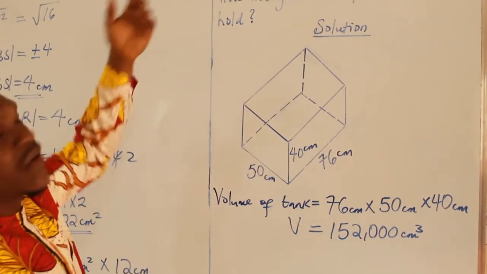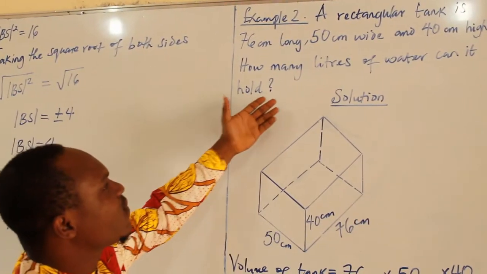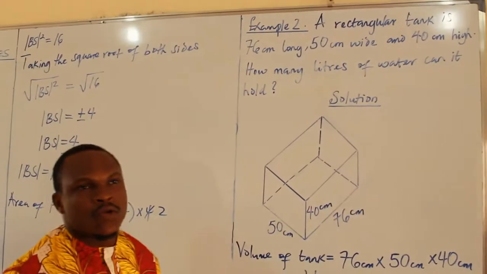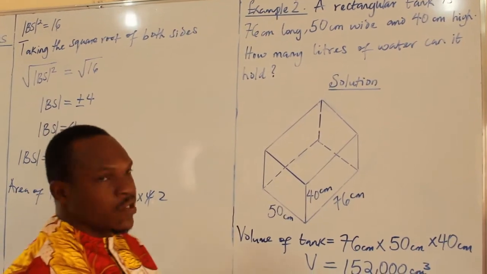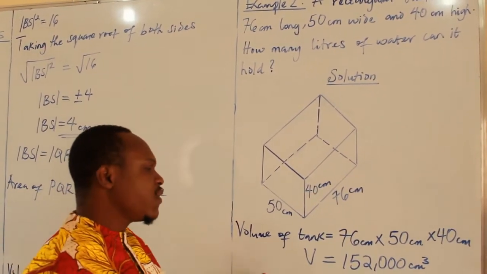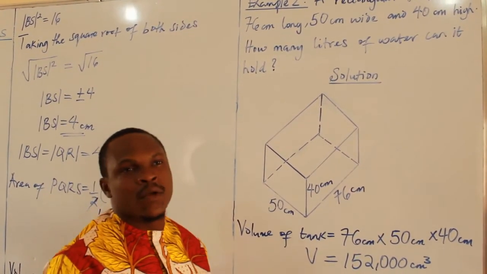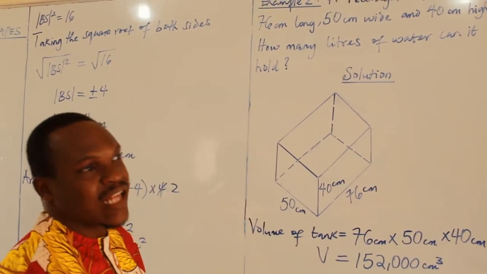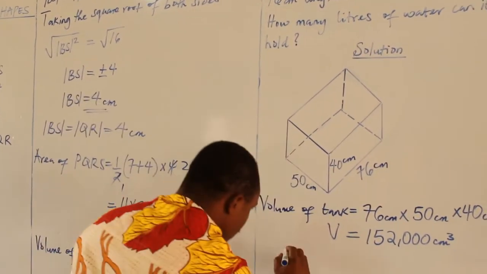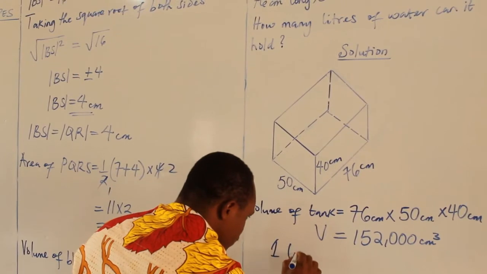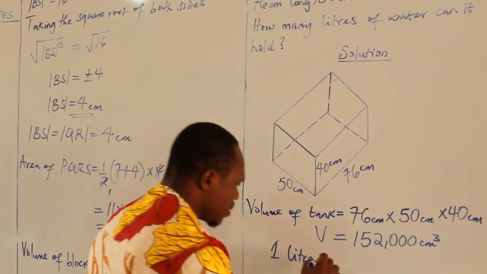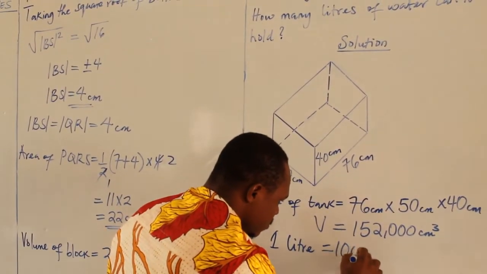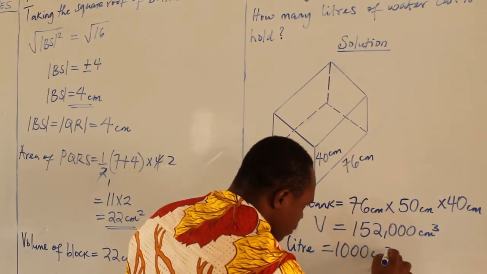But in our question, it says how many liters of water can it hold? So they want the volume in liters. So we have to convert from centimeter cube to liters. And as we already know, 1 liter is equal to 1,000 centimeter cube.